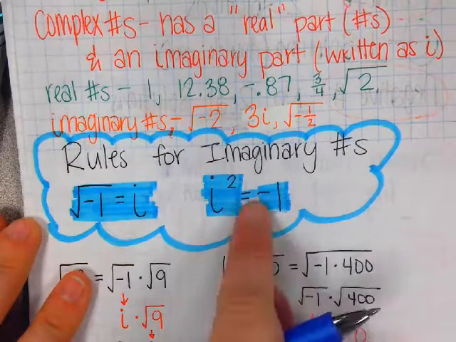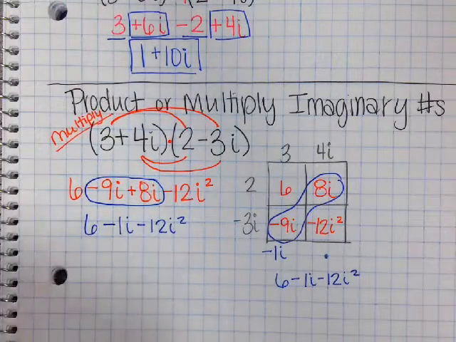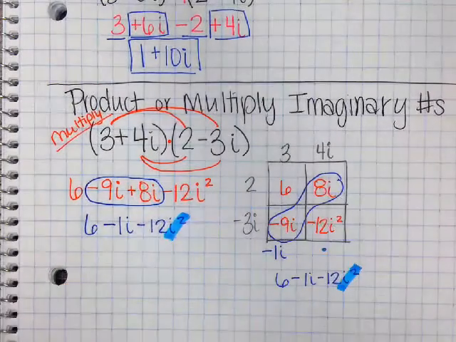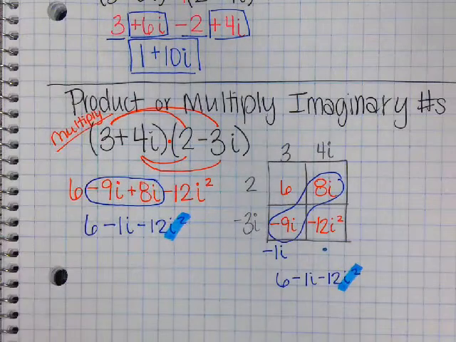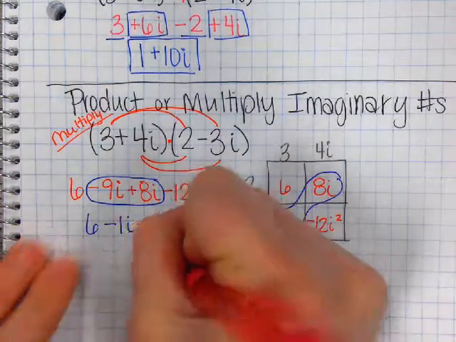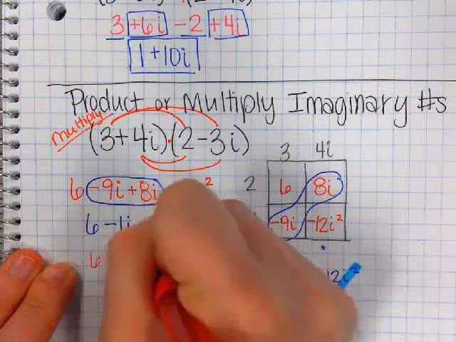Okay, now if you look back at those rules, the other rule you have is anytime you have i squared, it equals a negative 1. So this right here, and I'm going to highlight it just so that you see it. So i squared becomes a negative 1.